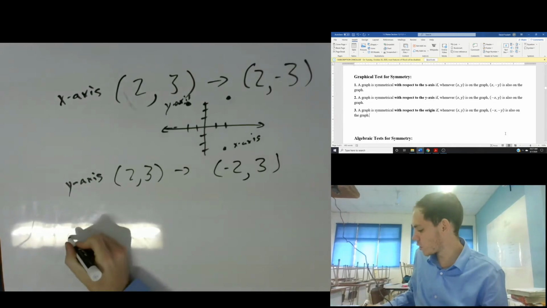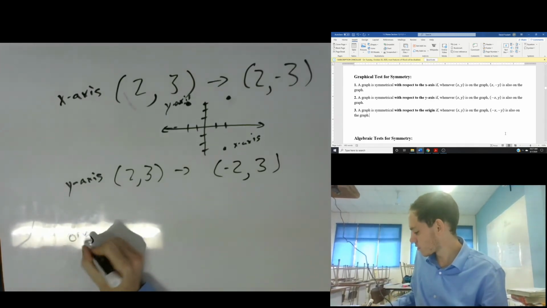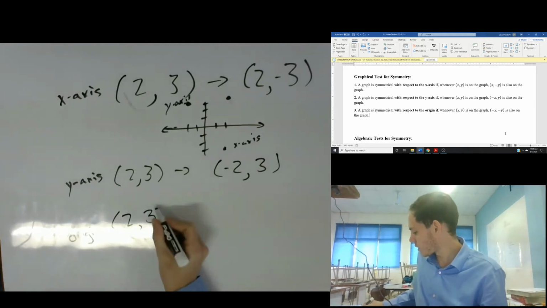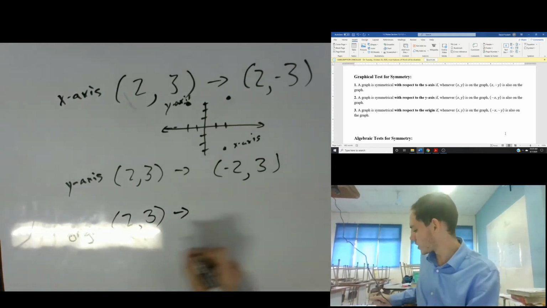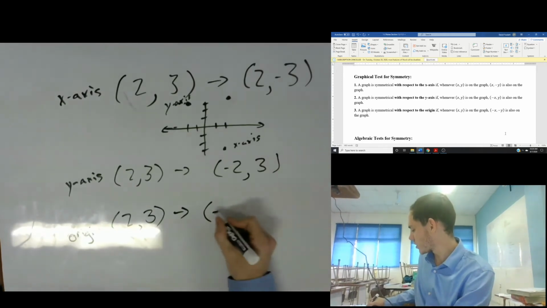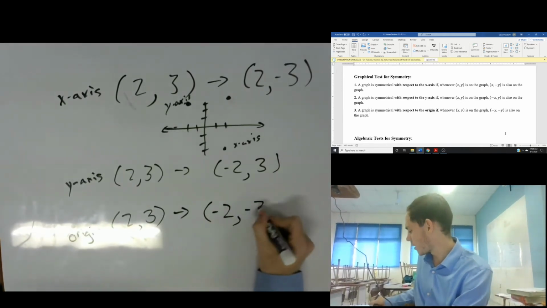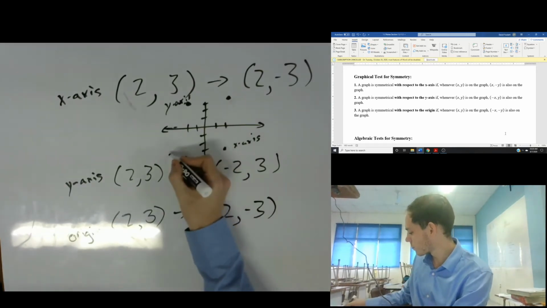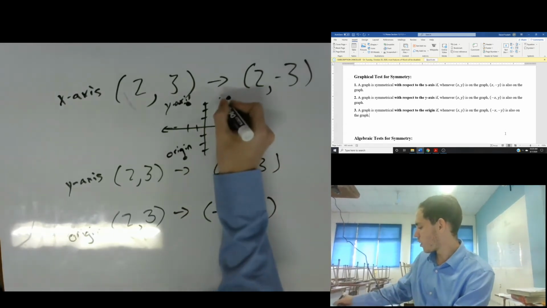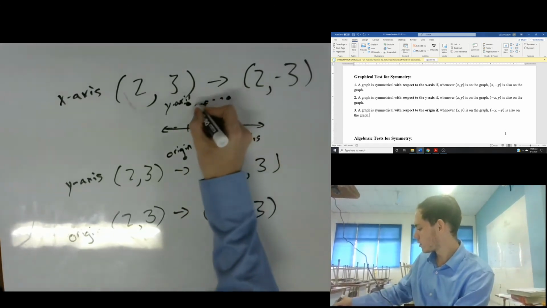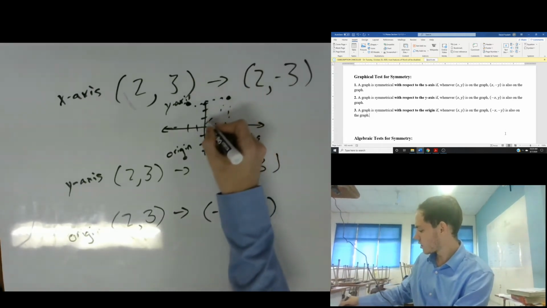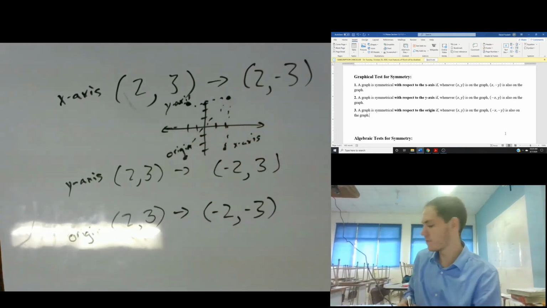Origin, not origin the person, origin the place, the location. So if we flip it, what's also going to be on the graph is negative 2, negative 3. So origin is going to be here. So y-axis goes this way, x-axis goes this way, and origin goes this way.